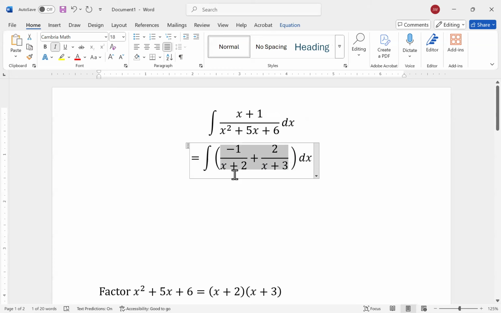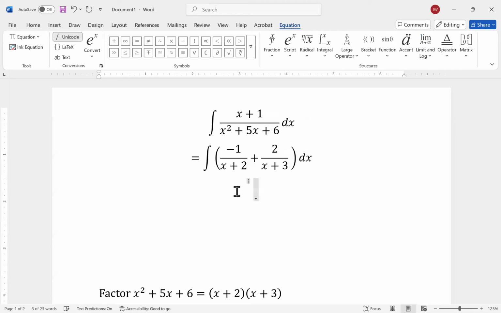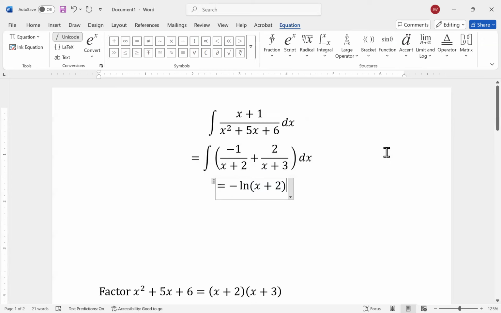So we can integrate both of these parts really nicely using natural logs. Again, I'm going to use parentheses around the argument. You may want to use absolute values around the argument.